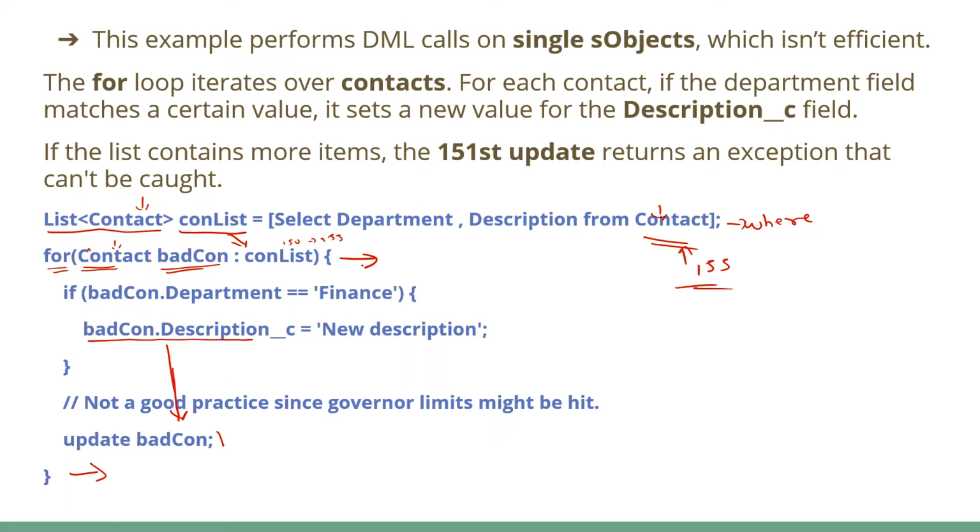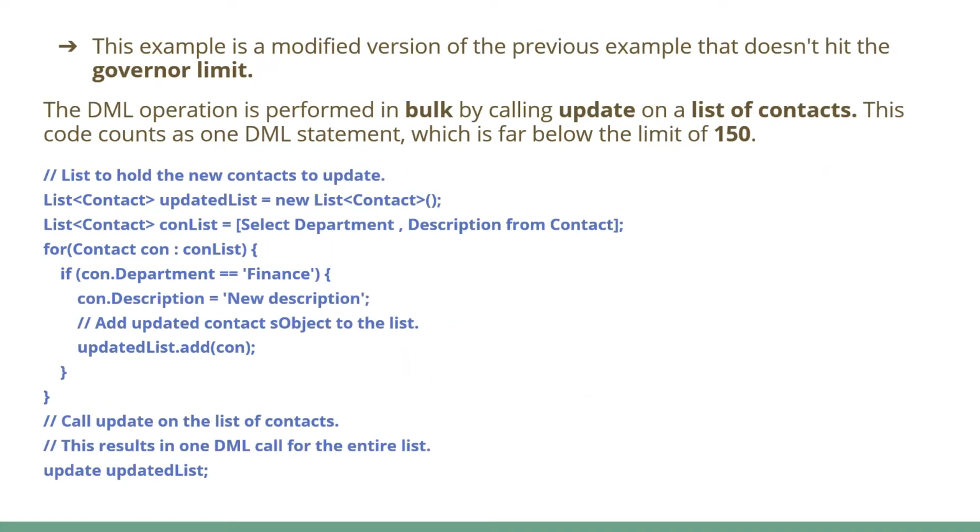That's not a best practice, because if we have more than 150 records, then this particular update DML statement will run more than 150 times, and it will cause an exception because we have a governor limit that only 150 DML statements can be there in one transaction.